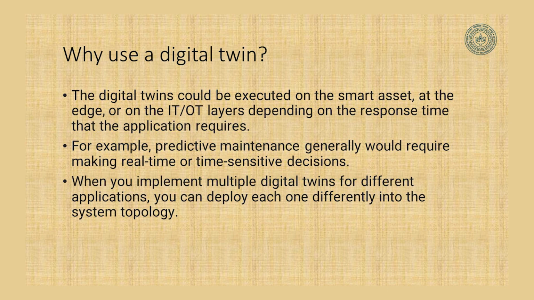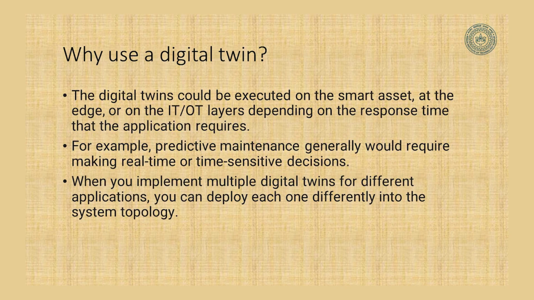So, digital twins help you do predictive maintenance by carrying out real time or time sensitive decisions. And when you implement multiple digital twins for different applications, you can deploy each one differently into the system topology.